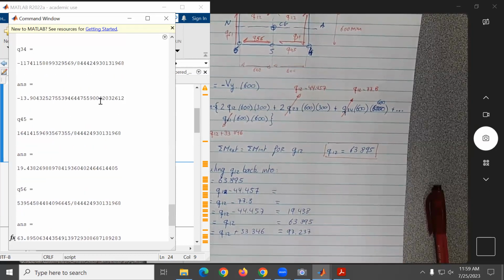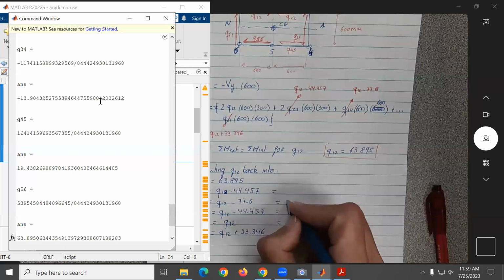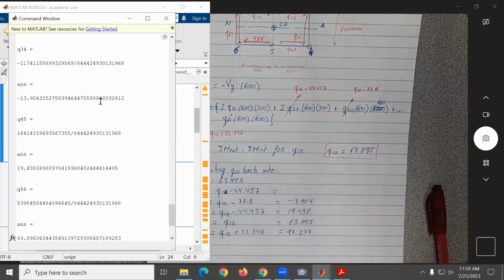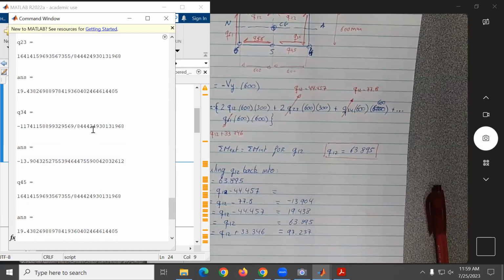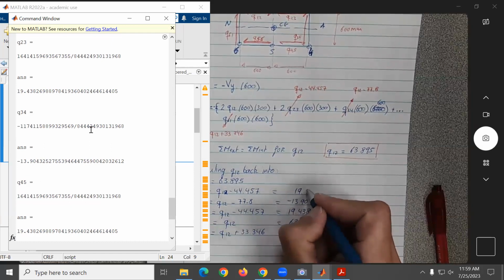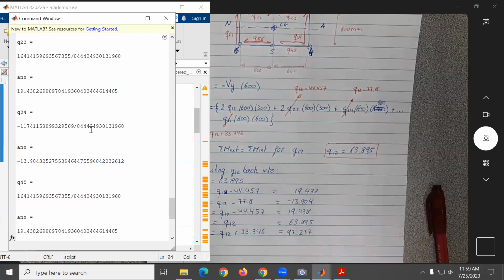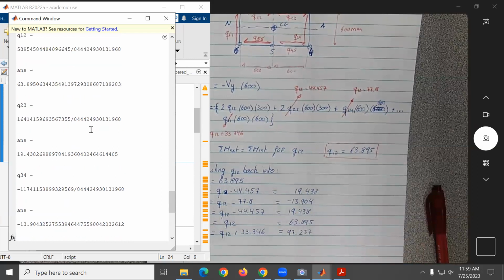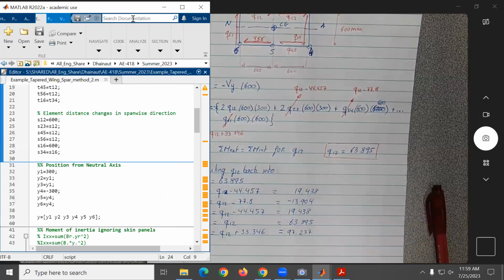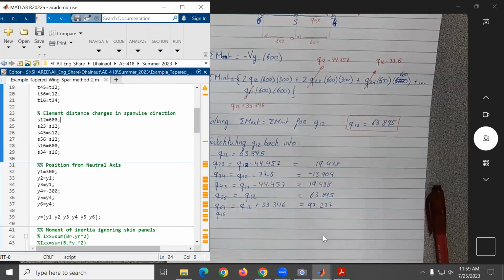Q34 will be negative 13.904. Q23 is 19.438. And Q12 we already know is 63.895. So these results over here should match, and I think they do.